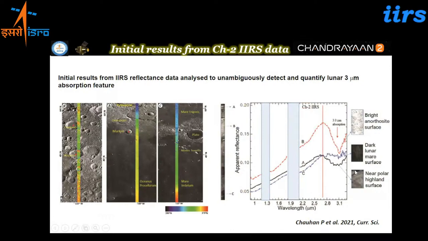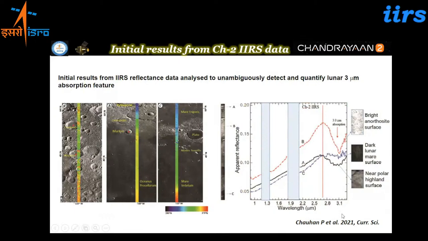And these three strips were initially analyzed, and they have been utilized not only to detect the water, but also to quantify the water and study the variation of the hydration absorption feature and its dependency on different latitudes, surface temperature, and lithology. So for details, you can go through this paper.